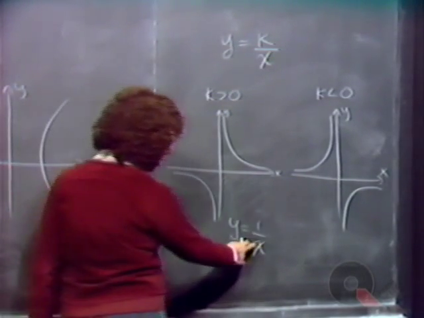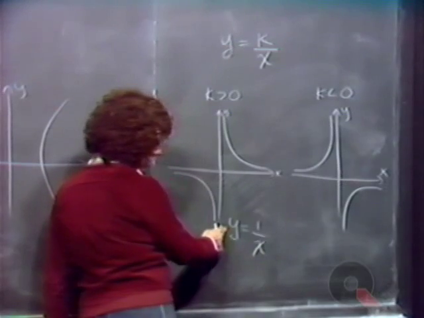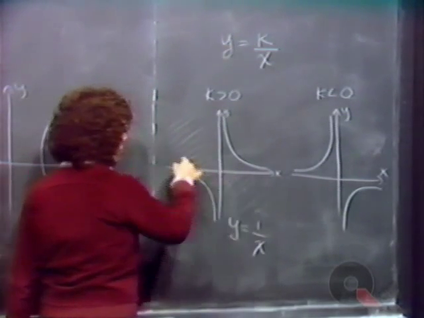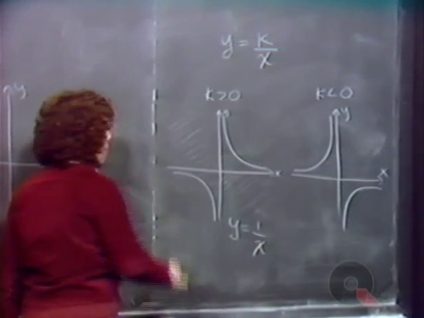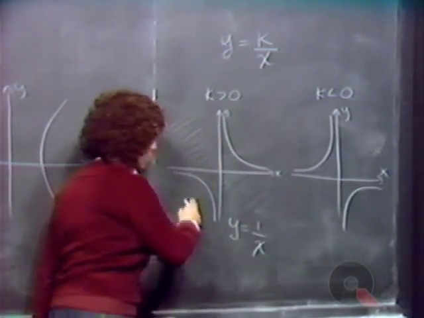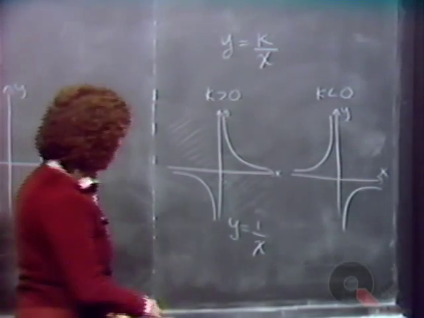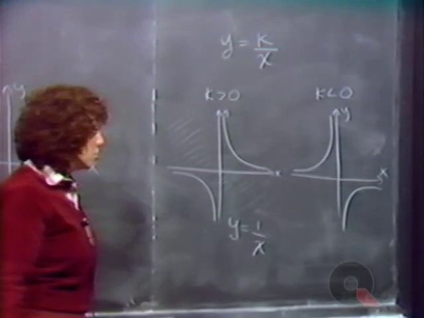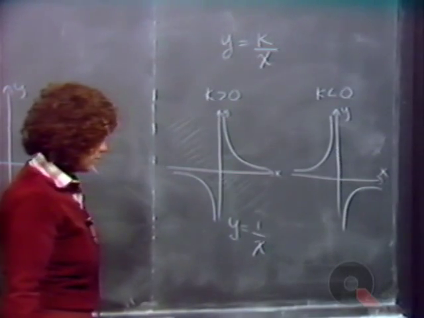Furthermore, if x is negative, y would be negative. So there can't be anything happening up here in the second quadrant, because these points would have x negative and y positive. So all the action is happening in the first and the third quadrant. We notice that there is trouble at 0. You cannot substitute 0 into this function. 0 is not in the domain of the function.